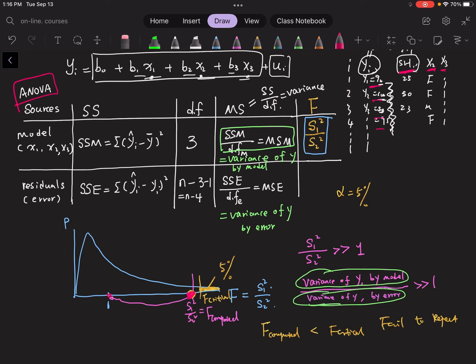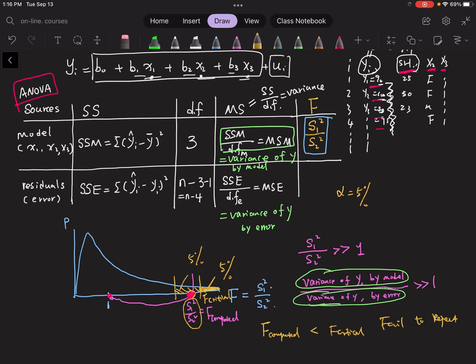We will talk about the null hypothesis later. But if this is F critical, at 5%, then you can conclude that this computed F is statistically significantly greater than 1.